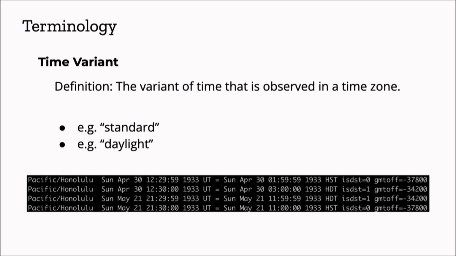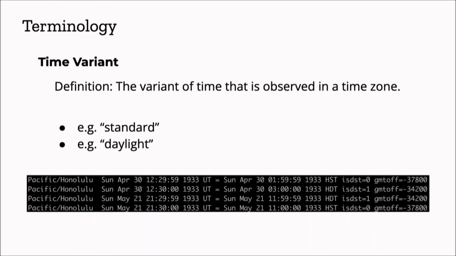And then in ICU4X, we are calling the daylight and standard time variants, which I don't think is an official name in a spec. One of my favorite examples pulling from the time zone database is that on April 30th, 1933, Hawaii said, all right, we're going to give daylight savings time a try.